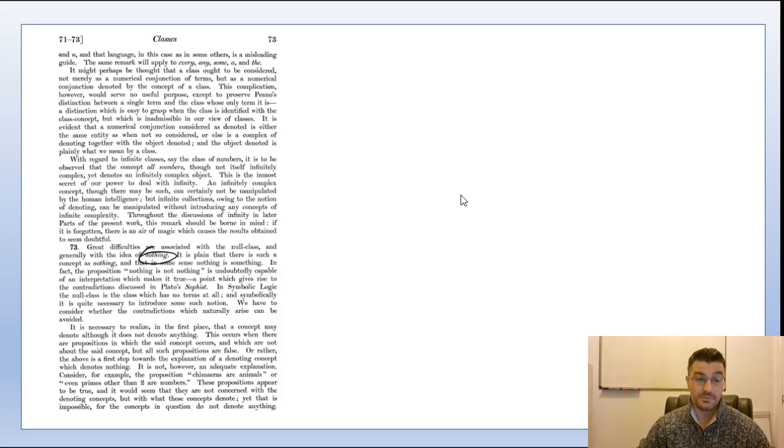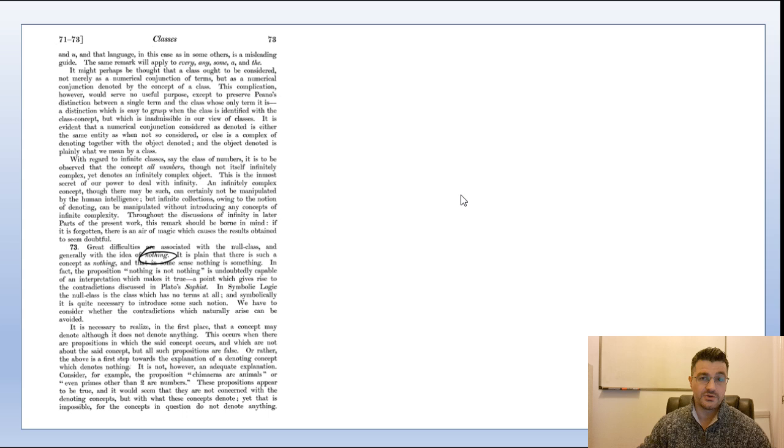So this proposition, the present King of France is bald, which is about supposedly the thing that is denoted by the denoting concept, the present King of France, it's not a meaningless proposition. It's false.